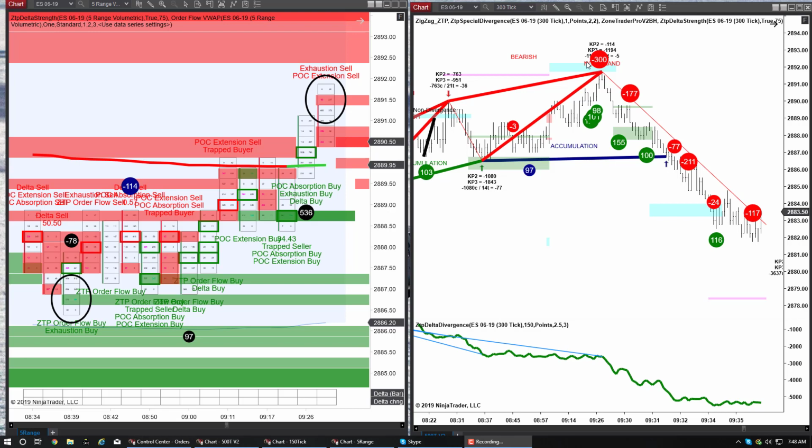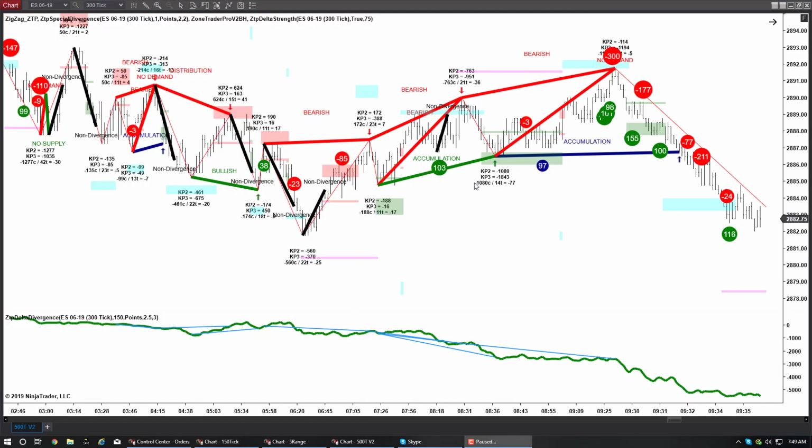So here with the delta strength, we have a 300 lot contract coming in exactly at the apex of this trade, and that's all I need to see. That 300 lot trader is most likely the person creating this extension zone here at 2891.50 before the market sold off after the open, somewhat looking like 10 points.